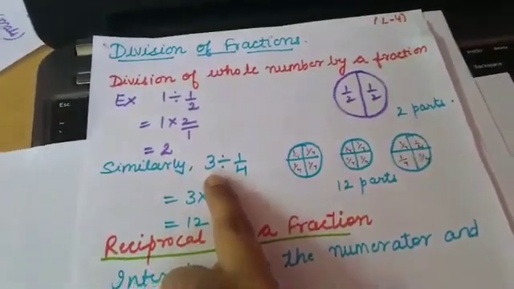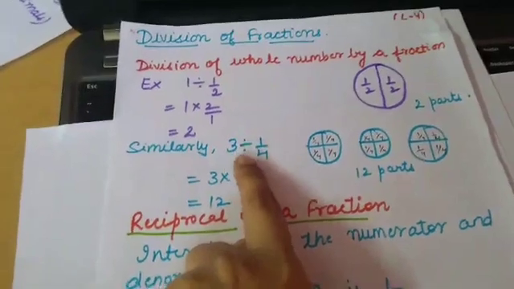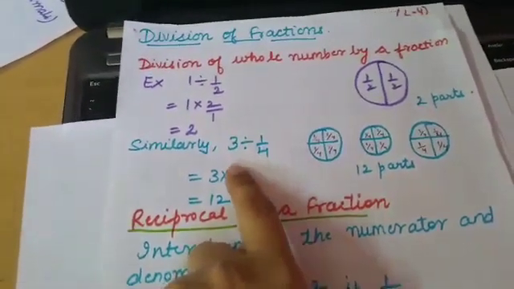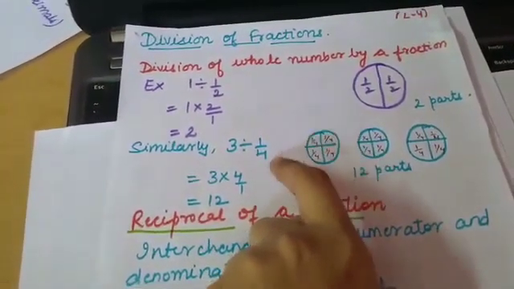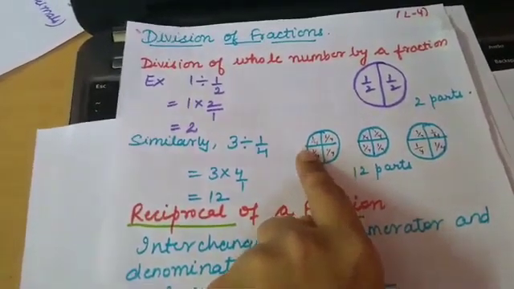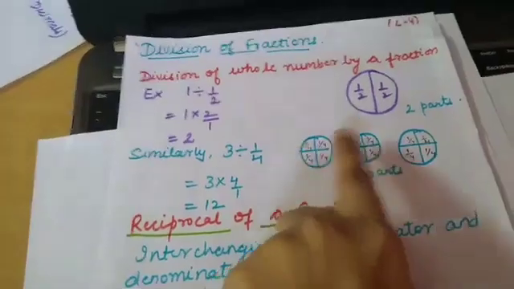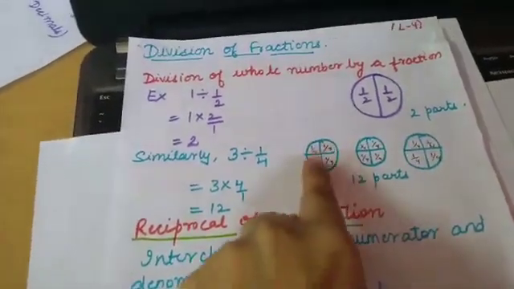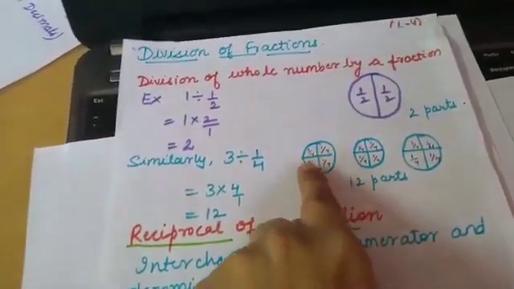Similarly, one more example. Let us find 3 divided by 1 by 4. That is the number of 1 by 4 parts obtained when each of the 3 wholes is divided into 1 by 4 equal parts.